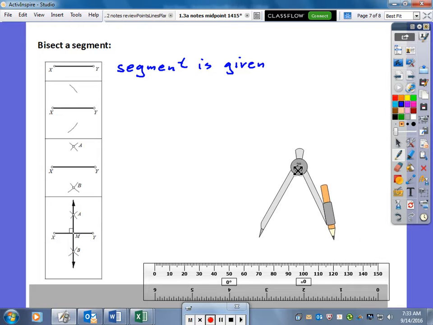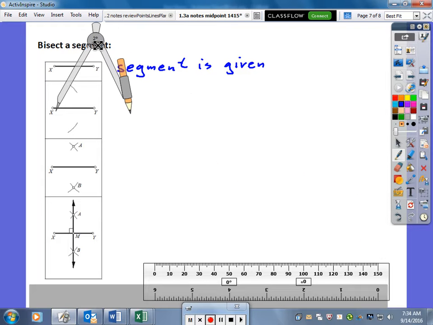So we start at one endpoint. In other words, the center of our compass is going to be on one endpoint, and we're going to open the compass, and it has to be open wider than halfway across the segment. So I've eyeballed it. The midpoint of the segment is probably around here, and so this is where I put my compass.